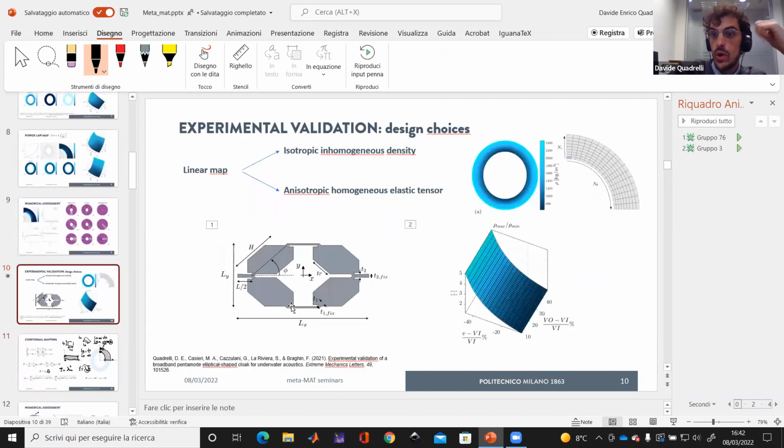Because one problem is you have to optimize 100 cells instead of 5 basically. And if you can find a linear map, which is the easiest one, that just gives you a homogeneous elastic tensor. You just have to find the hexagonal shape that implements your elasticity, and then adjust the mass locally.